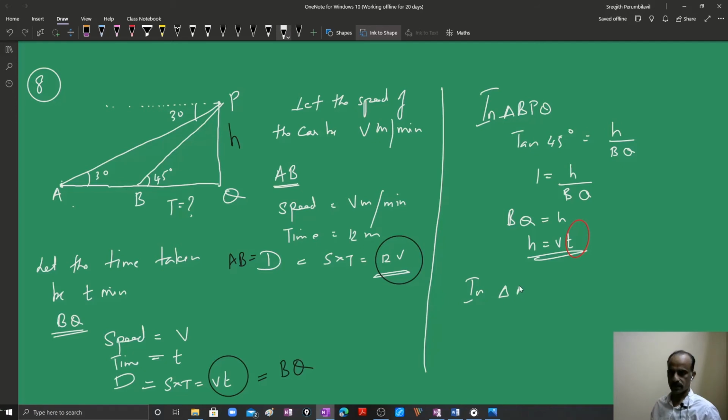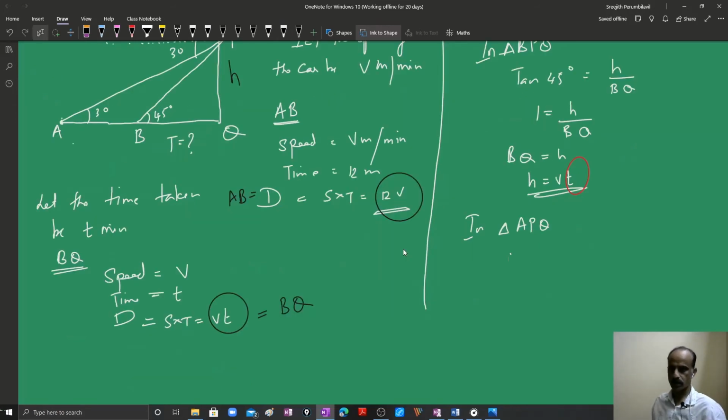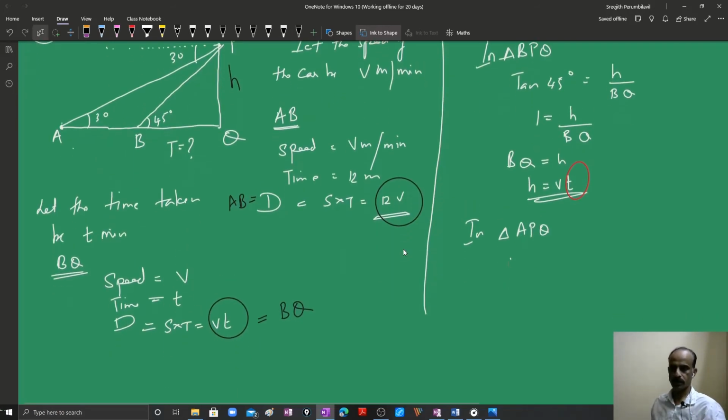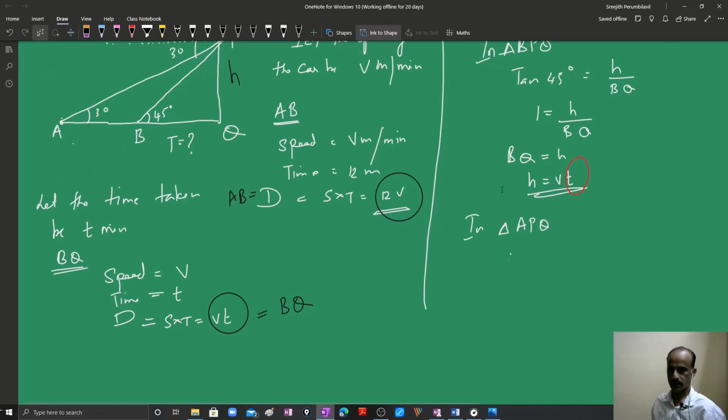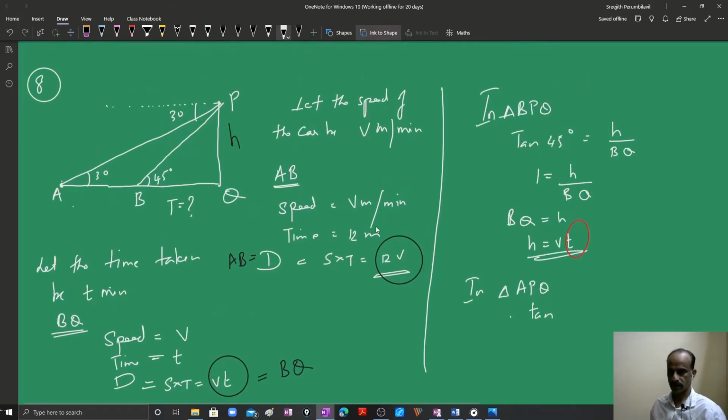In triangle APQ, tan of angle A, or 30 degrees, is equal to h divided by AQ.